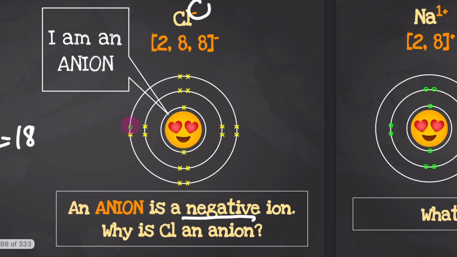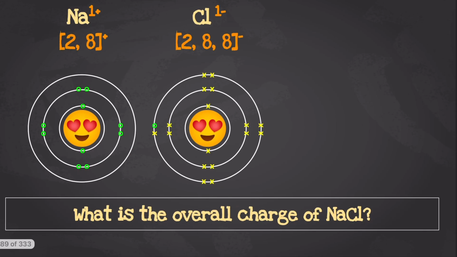Okay? So, what is the overall charge of sodium chloride? Since sodium became a positive ion or a cation and chlorine became a negative ion or an anion, okay? So let's look at this one. Sodium gave away one of its electrons.